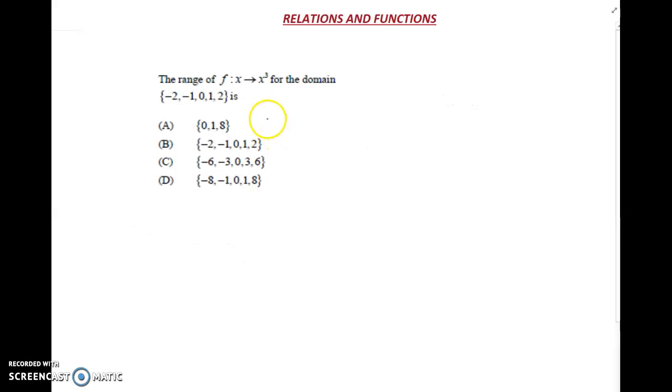Alright, now looking at this one here. The range of f of x, so remember that this could be written as f of x equals x to the power 3, same thing we mean. For the domain, remember the domain are the x values. So we want to find the range when the domain are these values here.